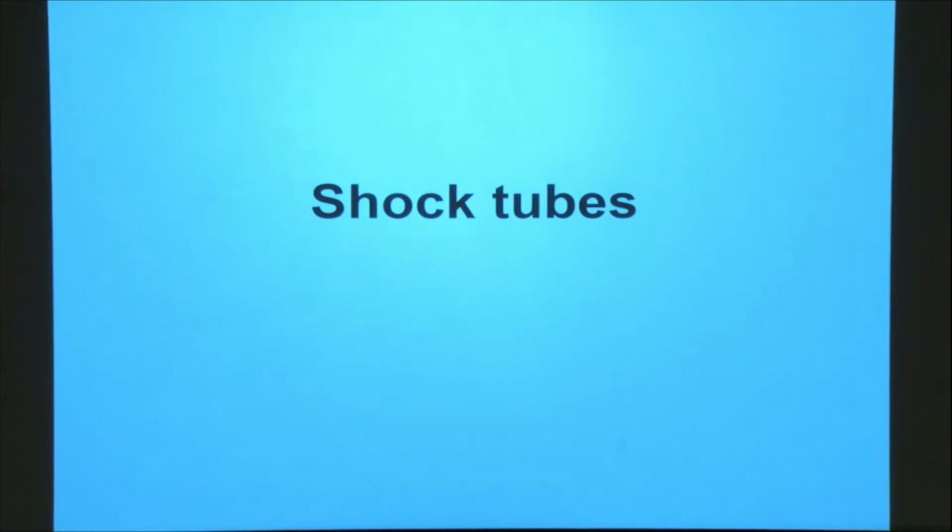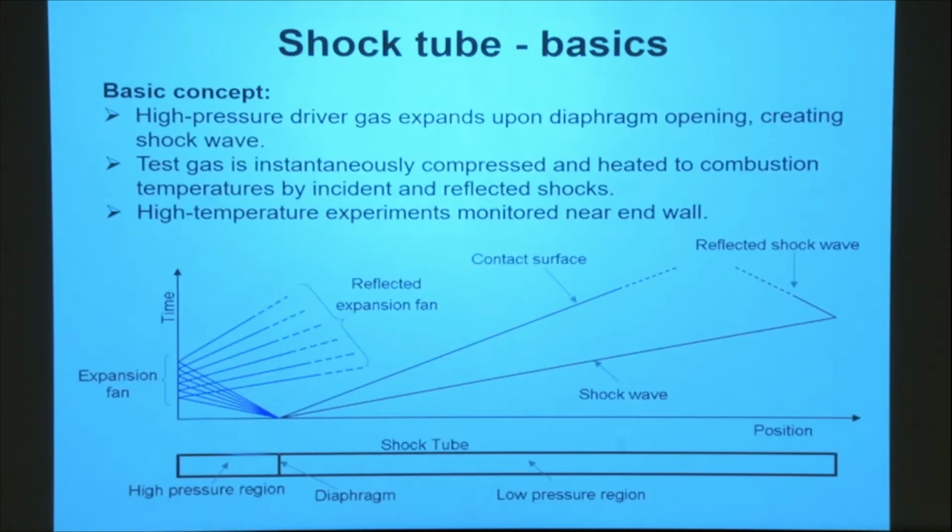Briefly on shock tubes, because I don't know if you've all been to Ron Hanson's talk this morning. I haven't got too much to say here, but I wanted to say something I found really helpful about the work that comes out of Ron's lab. Probably you all know the basics of what a shock tube is. We have a high pressure driving gas expanding when the diaphragm opens, and that creates a shock wave. That usually gives us a high temperature, although the temperature is getting lower all the time, experiment which we monitor near the end wall.